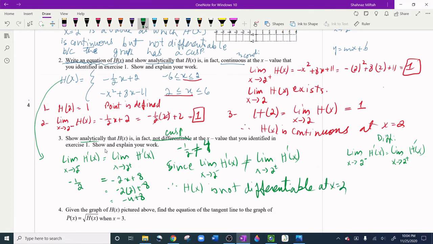Because at x equals 2, we already knew there was a cusp. The question is asking for the x value that you identified in exercise 1. We identified 2 in exercise 1. That's why I did left 2 and right 2. So this is how you do question number 3.